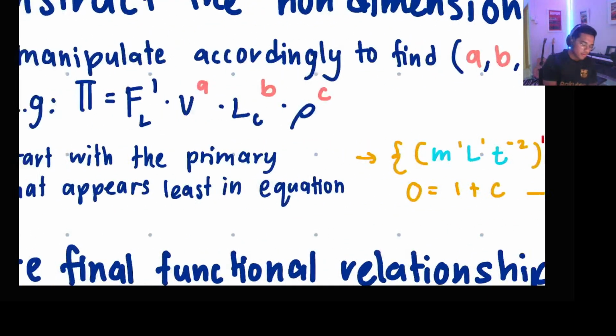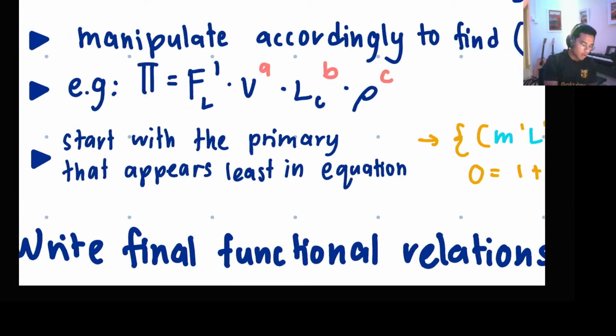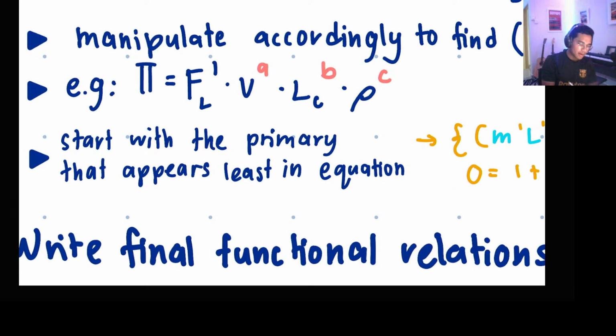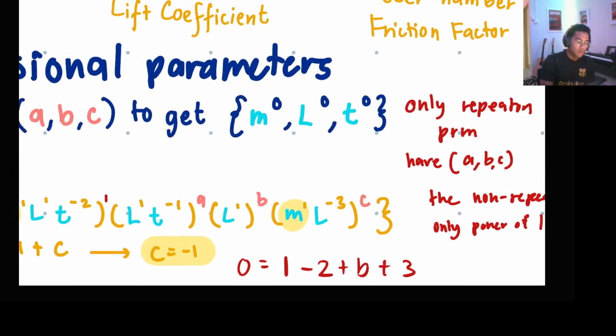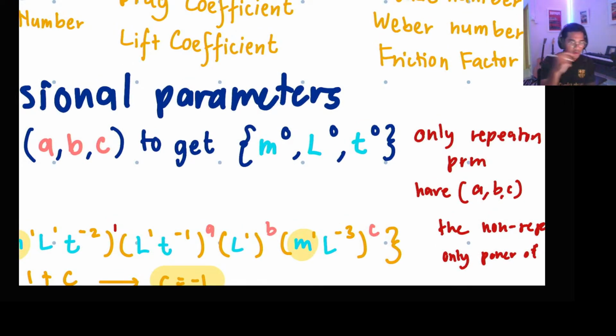How I do it is start with the primary dimension that appears least in the equation. So I choose M, because M only appears twice in this equation. So M is power of 1 and also power of c. What we want to achieve is M power of 0.